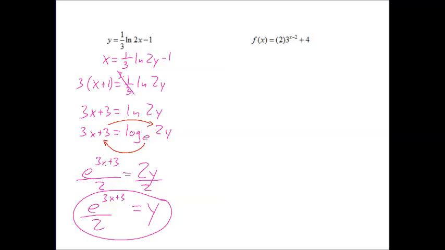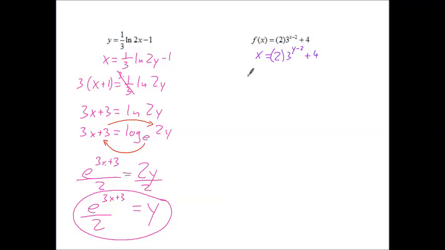Last but not least, over to the other side, x, and we remember that f of x is just another way of writing y. But instead of writing that y, I'm going to write x is equal to 2 times 3 to the power of y minus 2, plus 4.